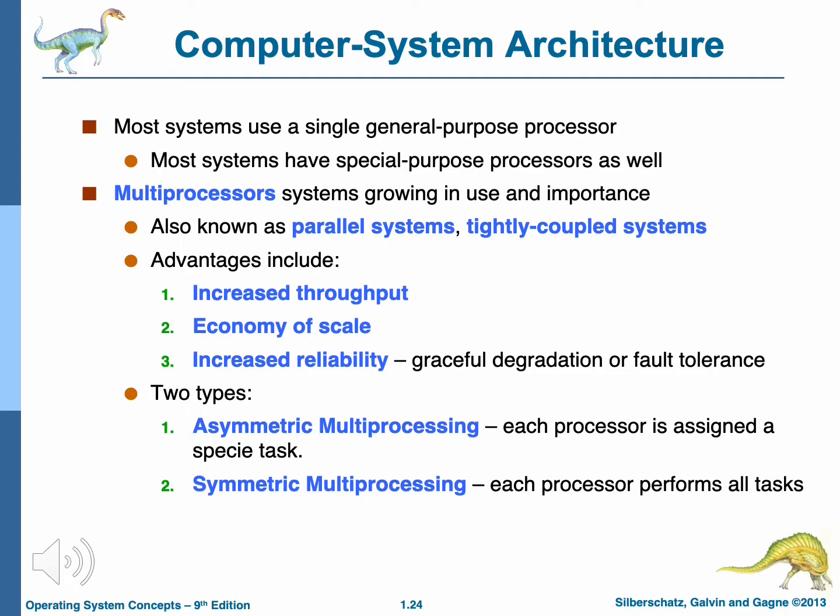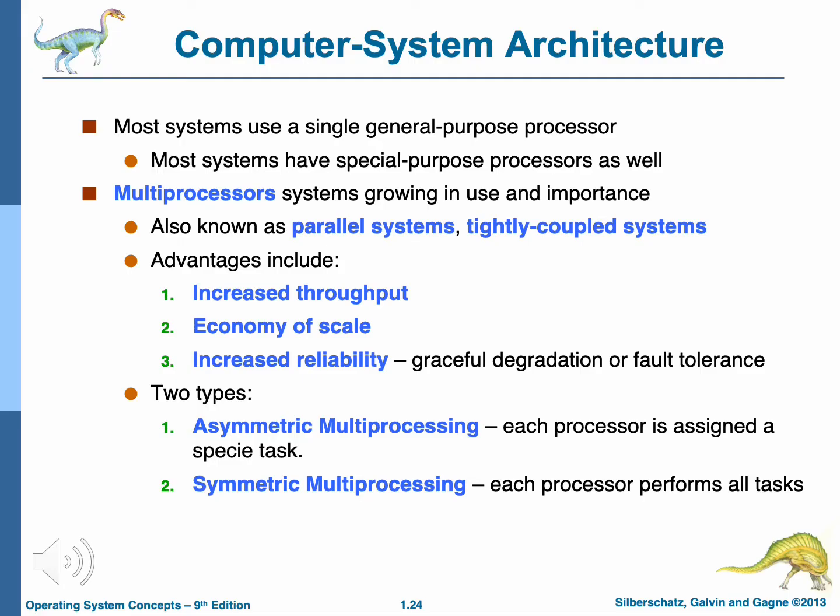When multiple processors cooperate on a task, a certain amount of overhead is incurred in keeping all the parts working correctly. This overhead plus contention for shared resources lowers the expected gain from additional processors. Similarly, n programmers working closely together do not produce n times the amount of work a single programmer would produce.